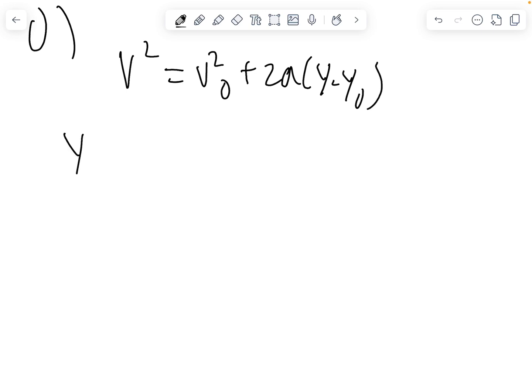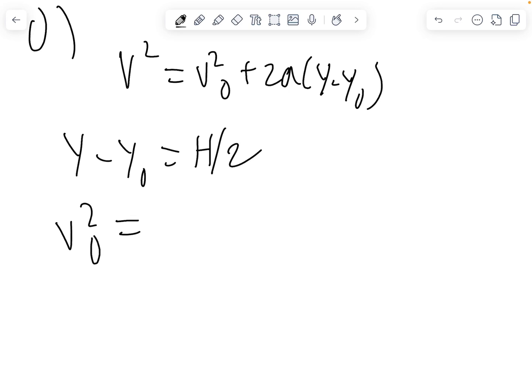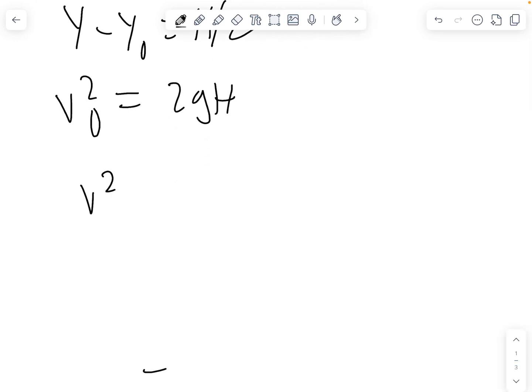We know that y minus y zero equals h over 2. I believe this is given to us. Yes, this is given to us. And the initial velocity squared is 2gh. We just got this from part N. So we're just going to substitute now.